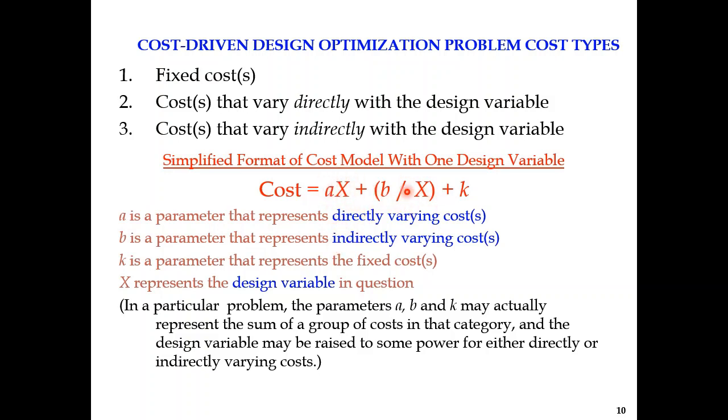When we have a number of different costs which indirectly vary, and we add them up, we obtain this second part. Here, maybe we will have several subcategories of fixed costs, and when we add them up, we obtain this K. So we are not saying that directly varying cost is just one. Directly varying cost is a category of costs. Okay, it's a category, and we sum up all the costs inside this category to obtain this A, B, and K.